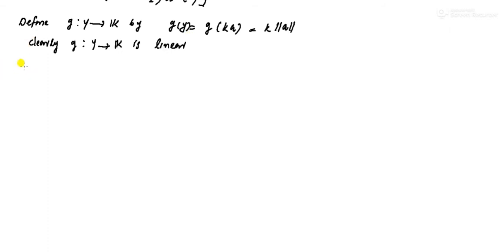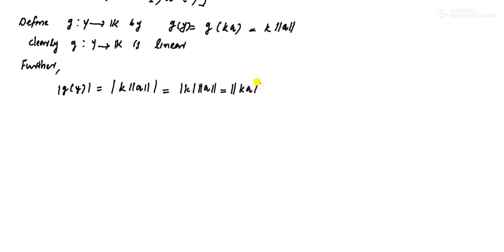Further, mod g of y equal to mod k into norm a, since g of ka equal to k into norm a, that is equal to mod k into norm a, that is equal to norm ka, that is equal to norm y, since y equal to ka.